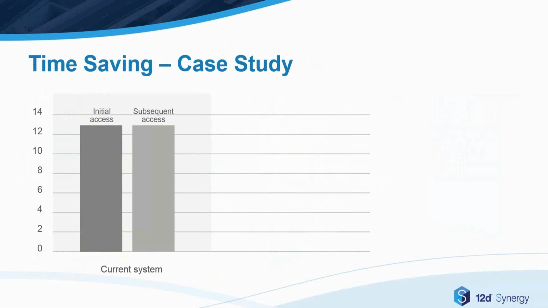With 12D Synergy, they found the initial access to grab their project data was around 5 minutes, and then subsequent accesses from then on, because they already had it copied down to their workspace or hard disk, was less than a minute.